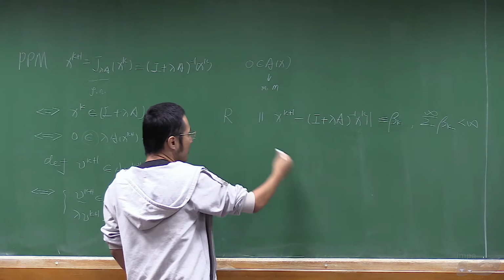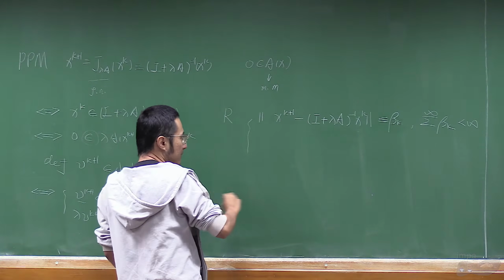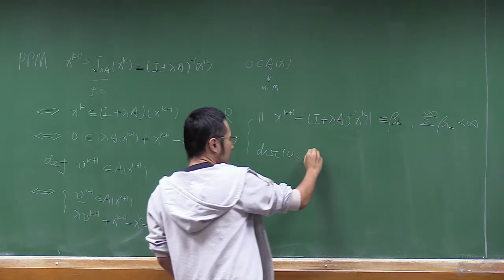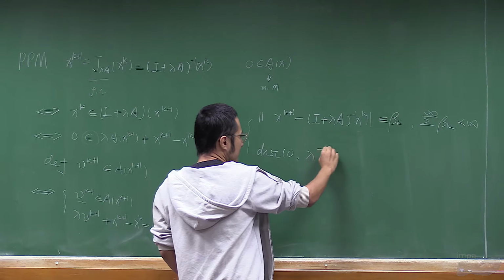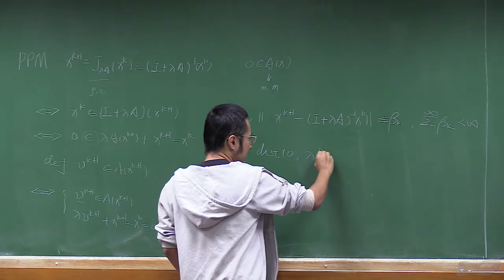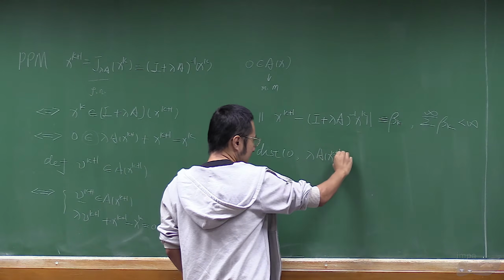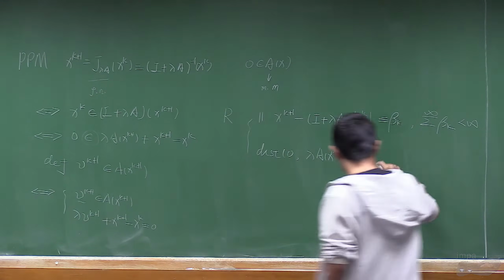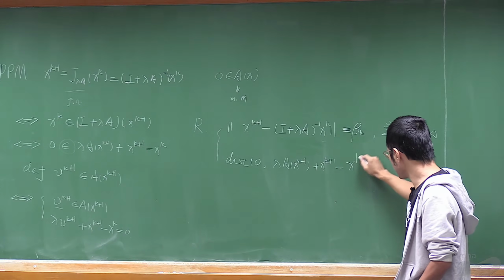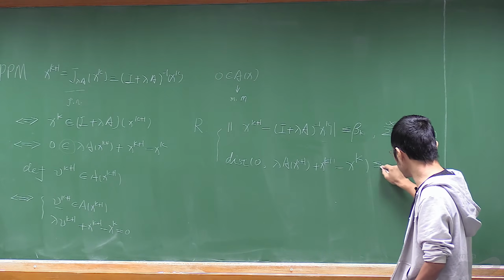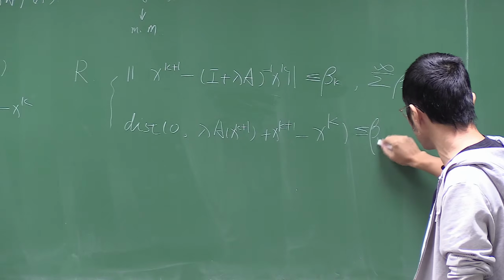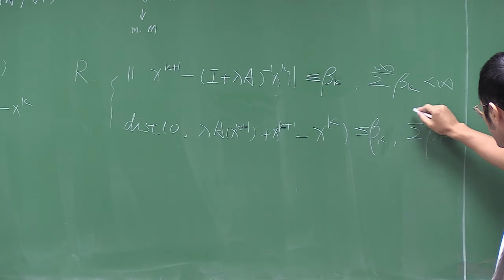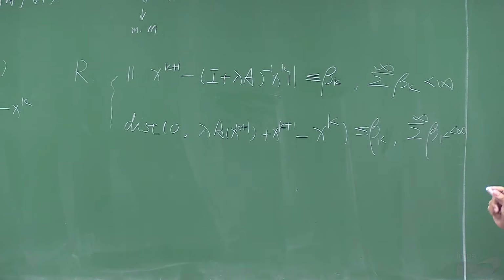So we have another one, also from Rockafellar's paper: the distance from 0 to lambda A xk plus 1 plus xk plus 1 minus xk is less than beta k, and we also require beta k to be summable.